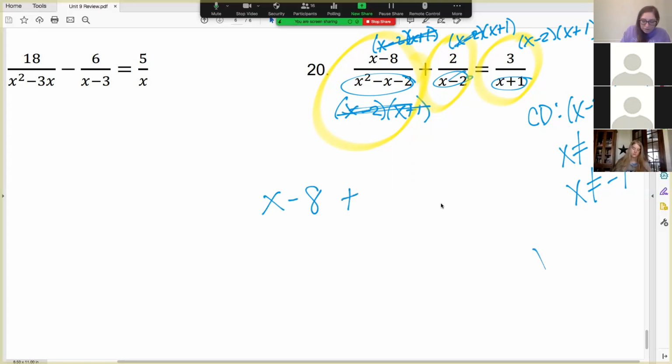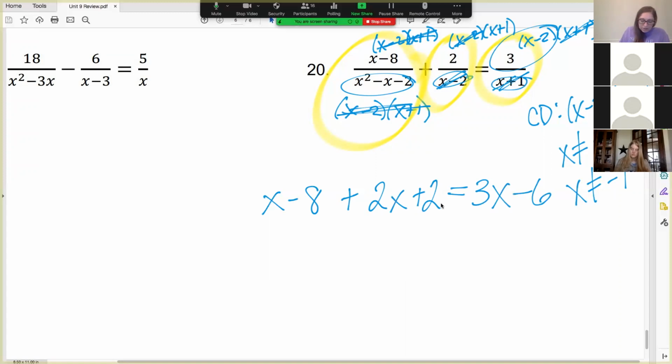Second fraction, the x minus 2's cancel out, so I'm left with 2 times x plus 1. If you go ahead and distribute it, it'd be 2x plus 2. And then the last fraction, the x plus 1's cancel out, and I'm left with 3 times x minus 2. So I'm going to go ahead and distribute that to be 3x minus 6.